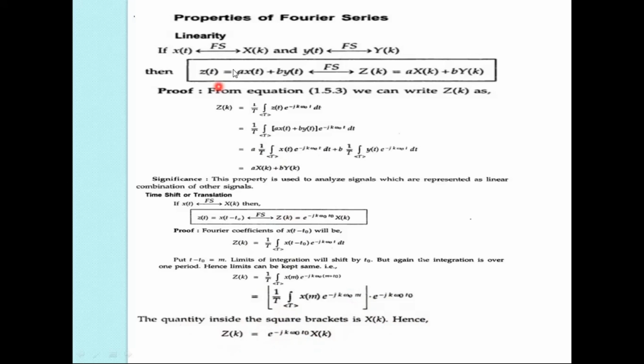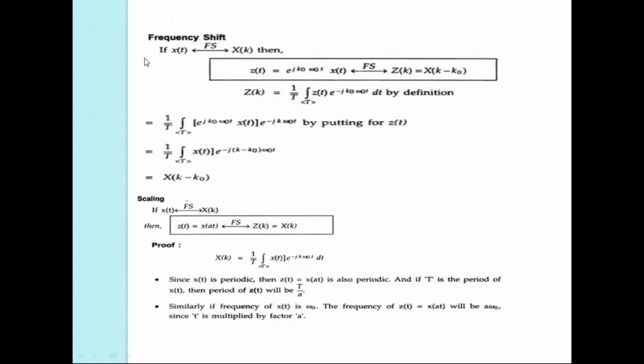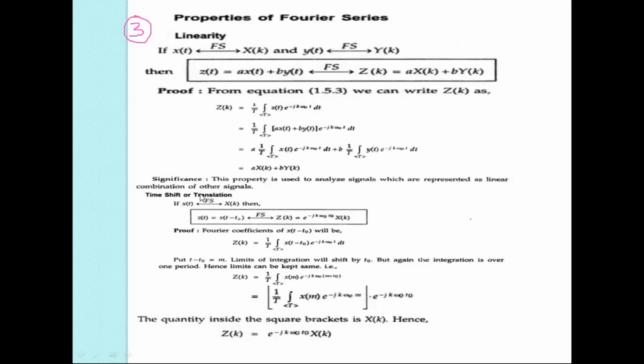The next one. Frequency shift property, the third property. The second property we already saw. The second is the time shift property, and the first one is the linearity property.